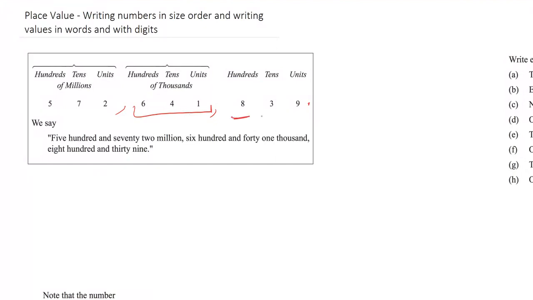But because we have some spaces here, we have different units. So the 1 is in the thousands column, the 4 is in the 10,000s column, and the 6 is in the 100,000s column. 641,839 up to there.